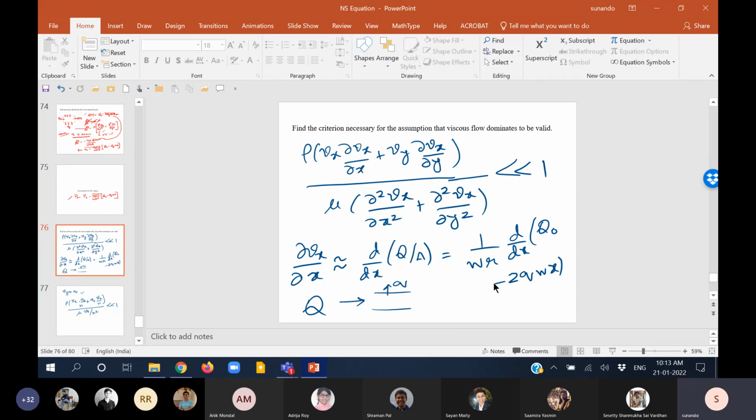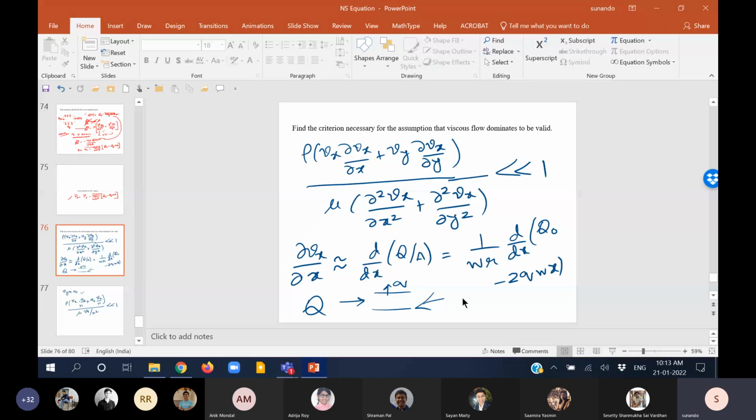What is the viscous flow dominates to be valid? For viscous flow to be valid, you want the disturbances present in the system to be small. So if you look at what I have drawn over here, what is the cause for perturbation in the straight parabolic flow?